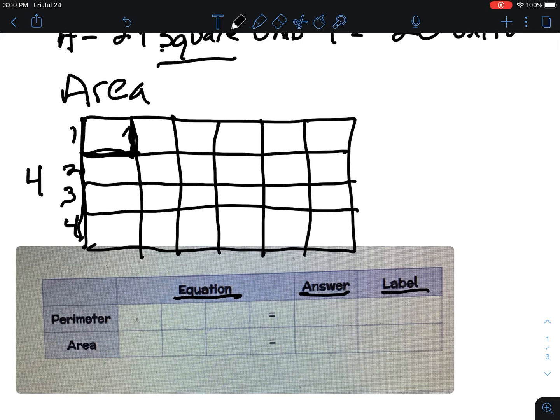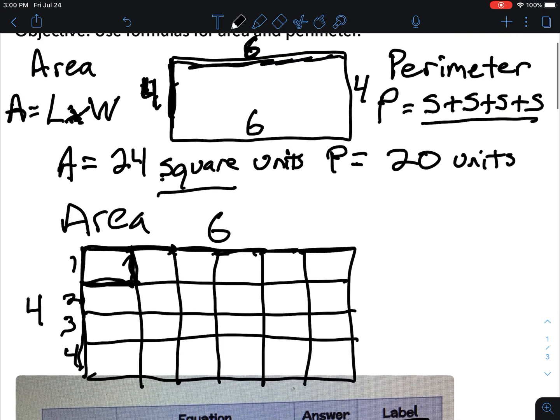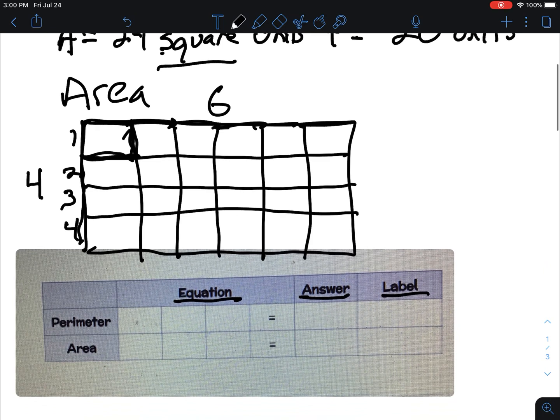So that's your measurement, 4. This side is 4. And across the top, you have 1, 2, 3, 4, 5, 6. So your measurement across the top is 6, so it's 6 by 4. We're doing basically the same rectangle as up there. I'm just showing you.